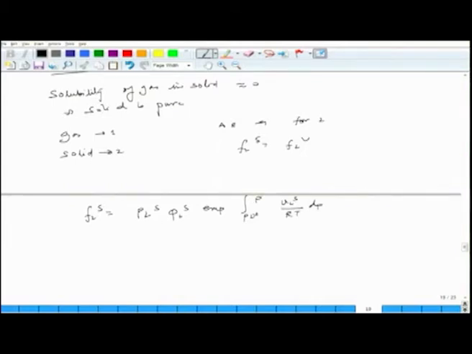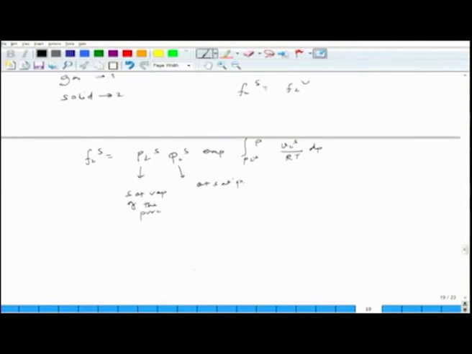This we can write, and P2S is nothing but the saturation vapor pressure of the pure solid, right, because we are talking about a solid at saturation pressure. And for the vapor phase, we can simply write the standard expression that f2V is phi 2 y2 P. I have this relation and I can make use of this.